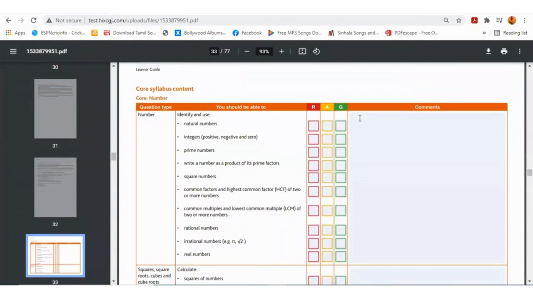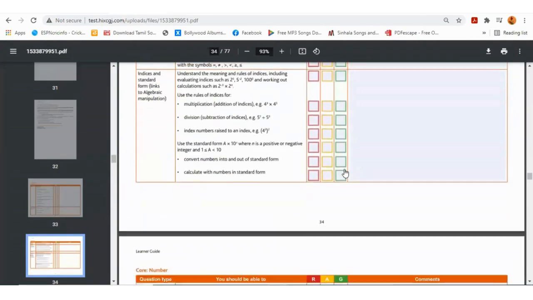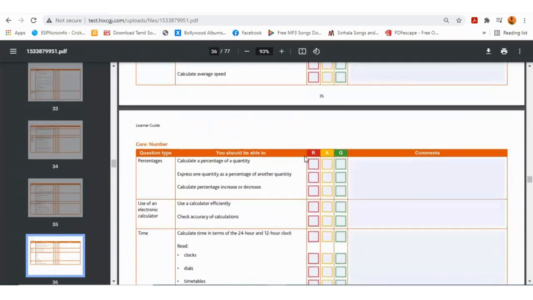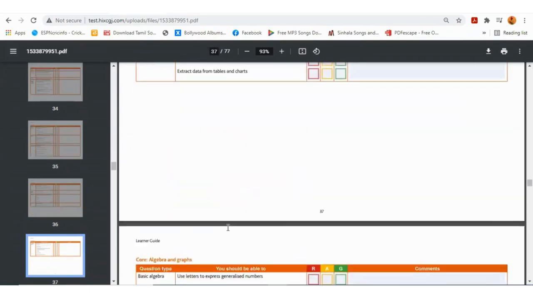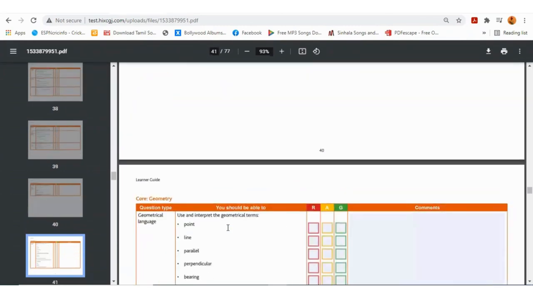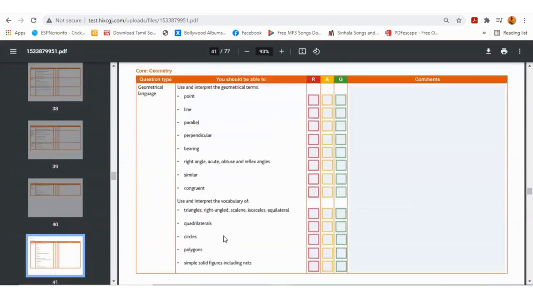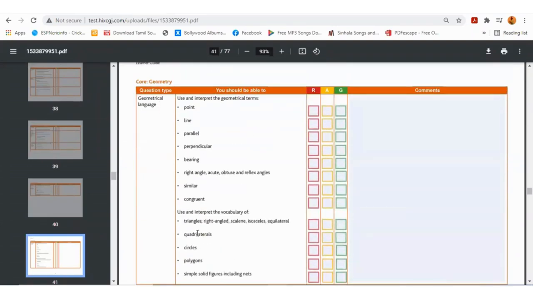Okay, so here is something that you can advise your students to do. There's one set of lists for core and then one set of lists for extended as well. What you can see is each particular topic, each subtopic, and there is a red, average, and green.